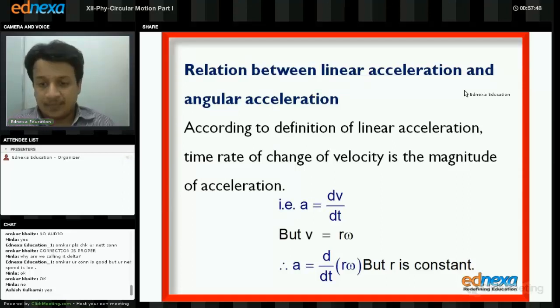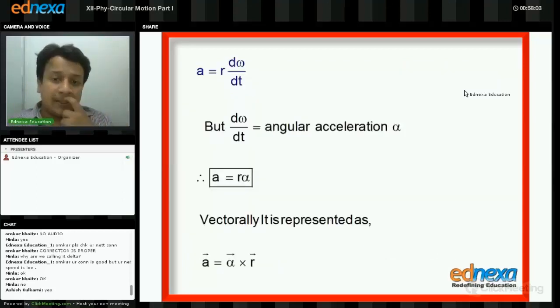What is r? R is the radius, and is it constant? Yes. So we can take the constant outside of the derivative. After taking r outside of the derivative, it will become a equal to r d omega by dt. What is d omega by dt? D omega by dt is angular acceleration alpha.